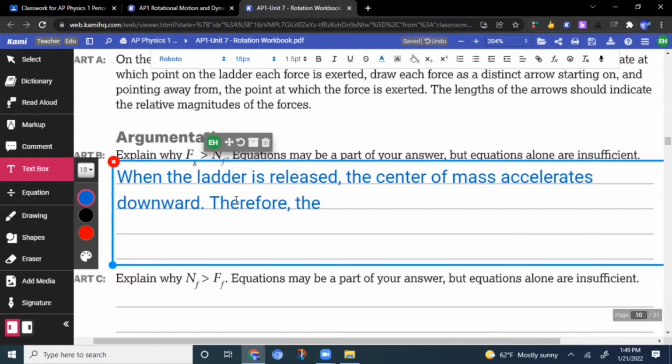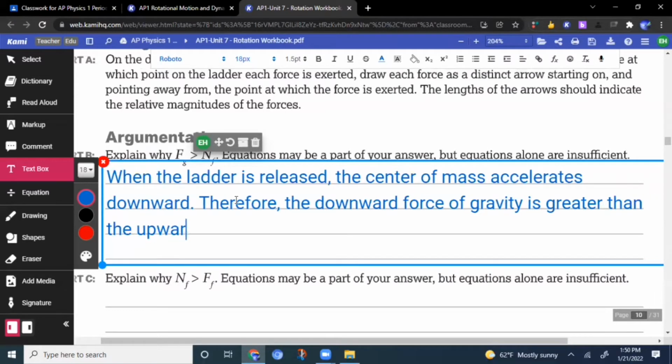Therefore, if the center of mass is accelerating downward, what does that tell you? The downward force of gravity is greater than the upward normal force applied from the floor.